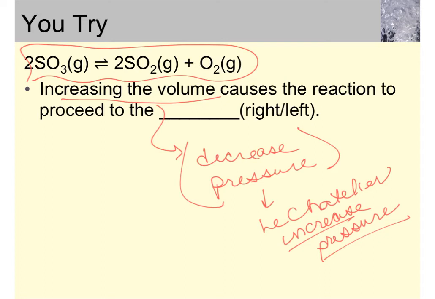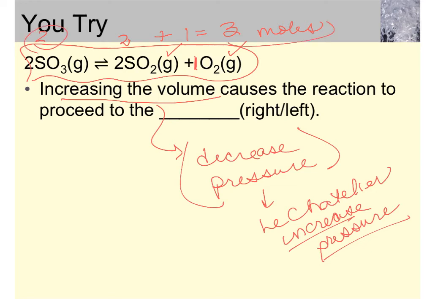What am I talking about? Go to the balanced reaction and literally count how many molecules of gas are on the reactant side and product side. So add up the coefficients. We assume there's a 1 there, right? The product side has 3 gas molecules, or moles, whatever you want to call them, and the reactant side only has 2.